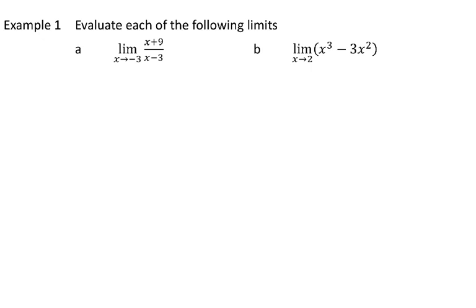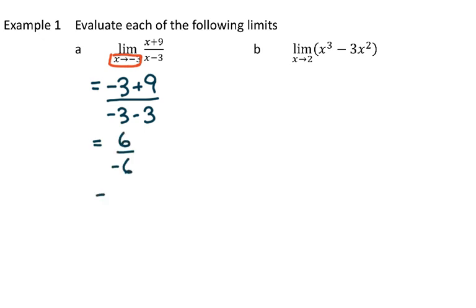So to deal with direct substitution, we literally take the value that the limit approaches, in this case x equals -3, and substitute that in to the limit. Working out the math, we get 6 over -6, which would be -1.